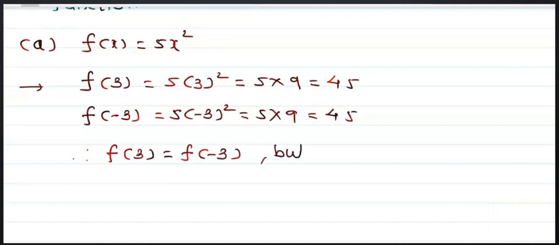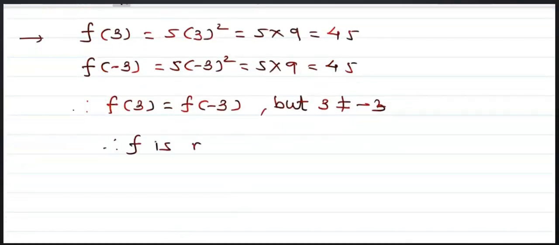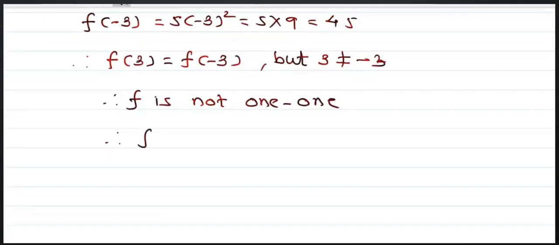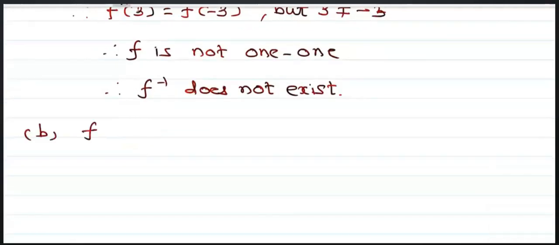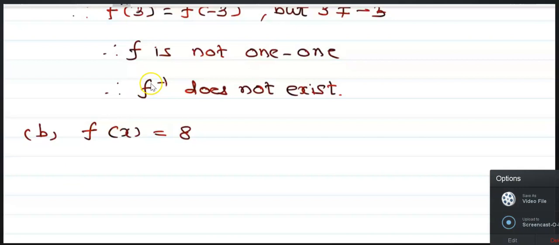That is, f of 3 is equal to f of minus 3, but 3 is not equal to minus 3, therefore f is not one-one, therefore f inverse does not exist. In this case, f must be one-one and onto. In the given problem, the images of 3 and minus 3 are the same, but 3 is not equal to minus 3, therefore f is not one-one and hence f inverse does not exist.